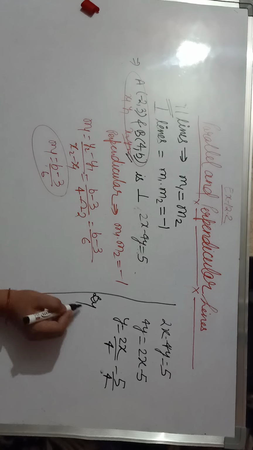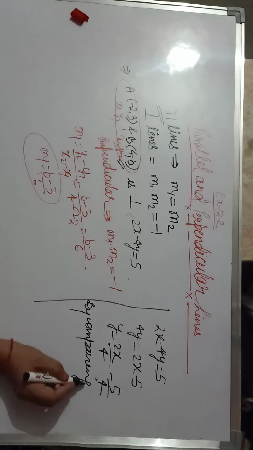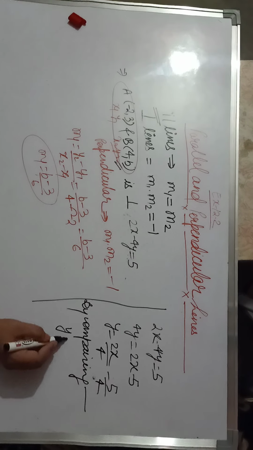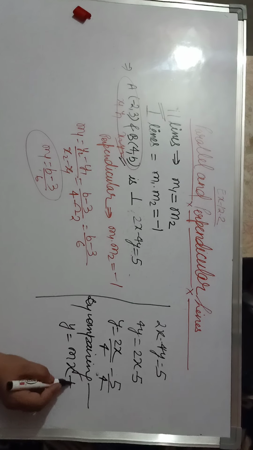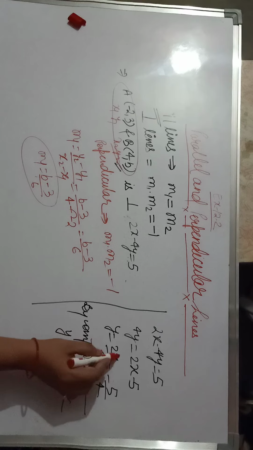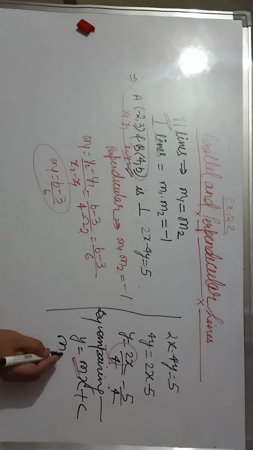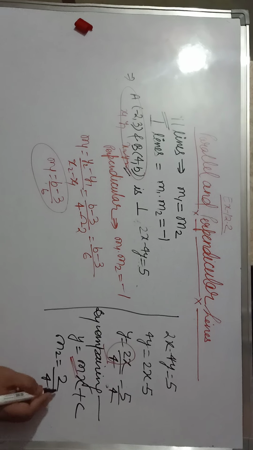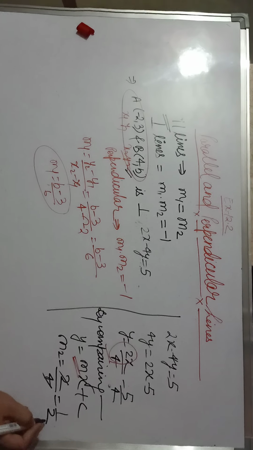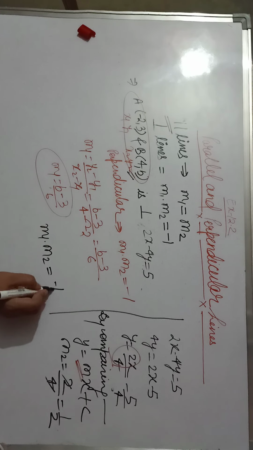By comparing with y is equal to mx plus c, the value of m is 2 by 4. So m2 is 2 by 4, which is 1 by 2. They are perpendicular, so m1 into m2 is equal to minus 1.